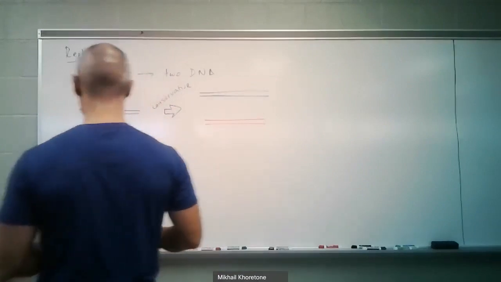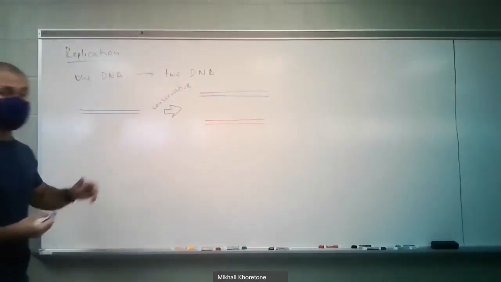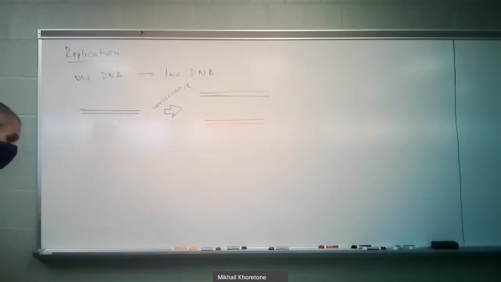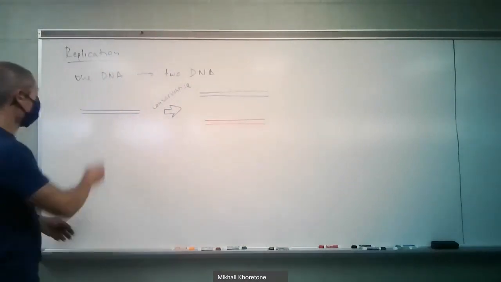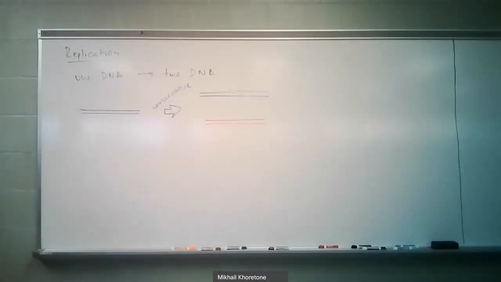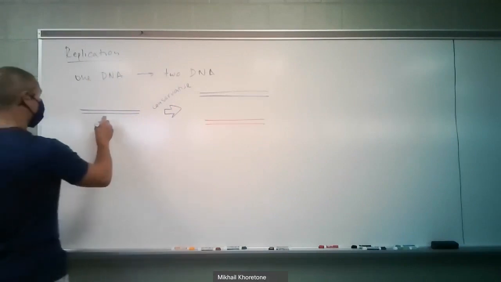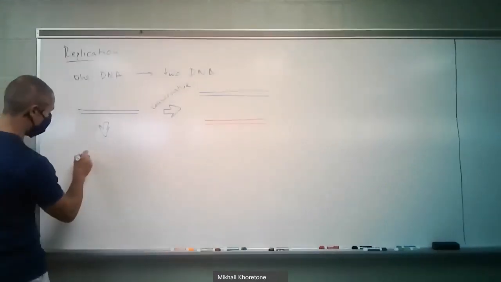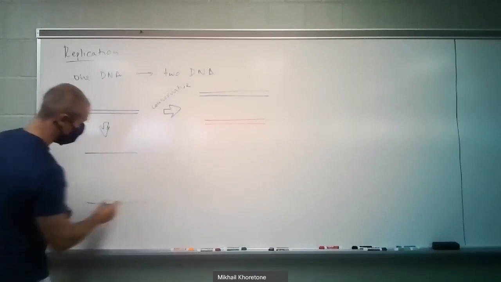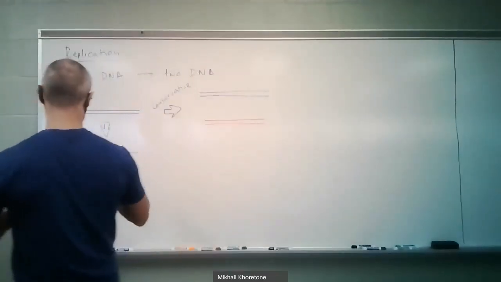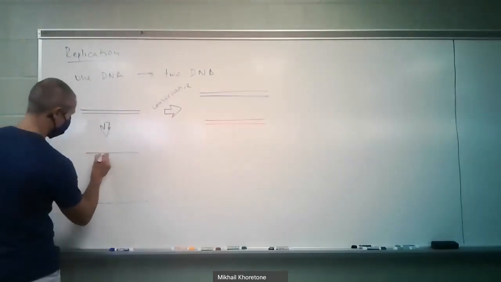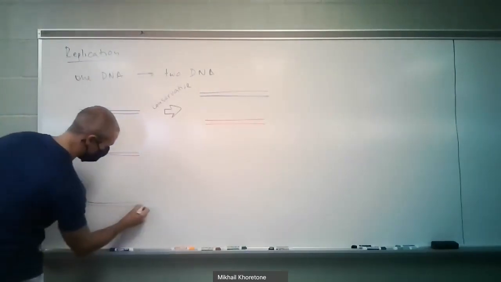And another possibility was that each strand of DNA was copied independently. So what you would end up with is something like this. Strands would be separated, and each strand would be copied.